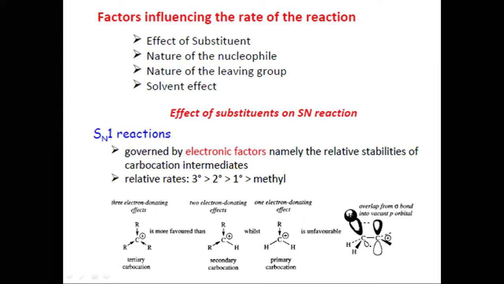In this carbocation stability, overlap from the sigma bond into the vacant p orbital will take place. So the order of substrates is tertiary, secondary, and the least will be primary or methyl.